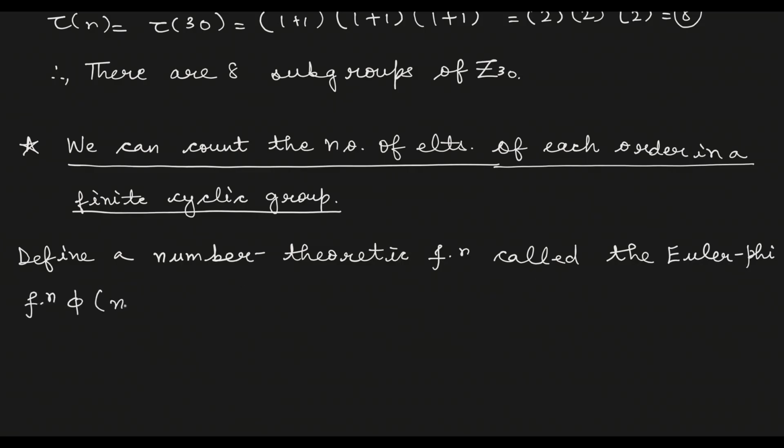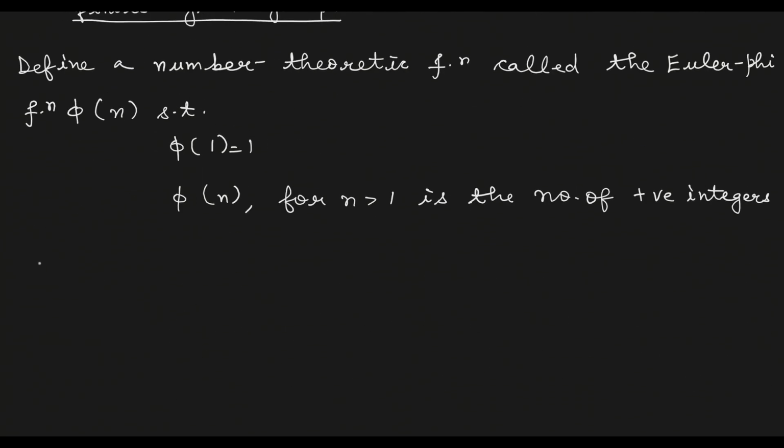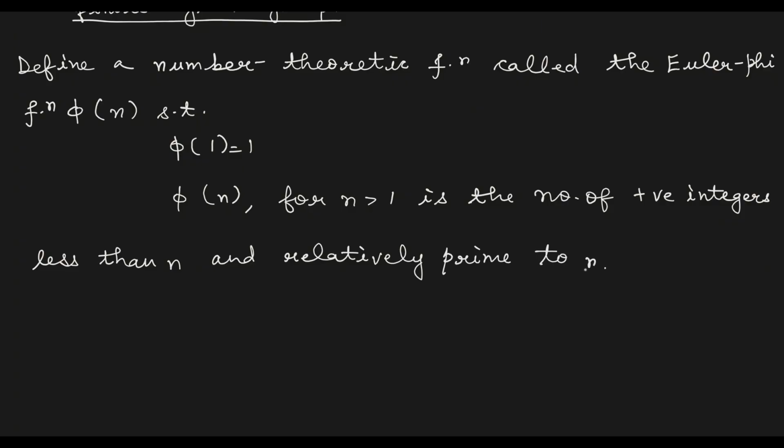It is denoted by phi n such that phi 1 is equal to 1, and phi n for n greater than 1 is the number of positive integers less than n and relatively prime to n. Phi n is equal to the order of Un.